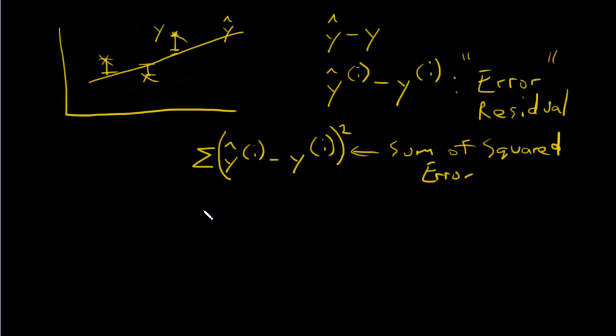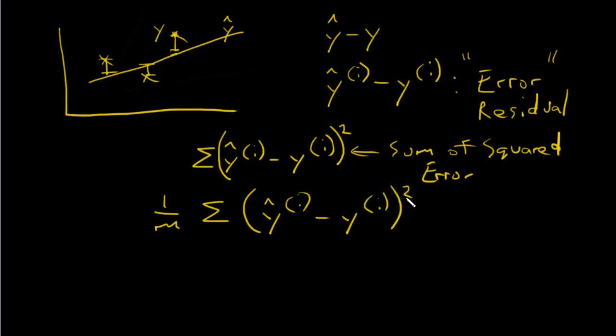So in order to normalize it to where I can compare any set of data, I am going to divide by the number of training examples that I'm using. So 1 over m times the sum of the y hat i minus the y i, squared. 1 over m, when I divide by that, it gives me the average, or as will be more commonly used, that is called the mean.